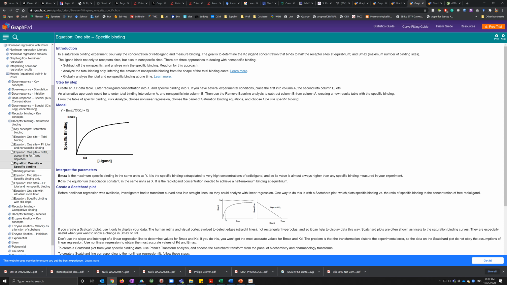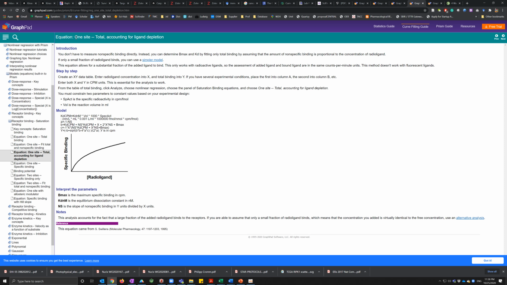And there's another one, called one site total accounting for ligand depletion. What does it mean? If your ligand binds very tightly to your protein, for example, you have 1 nanomolar of your protein, and you titrate in 1 nanomolar of your ligand, and you already see 50% of the ligand bound to the protein.